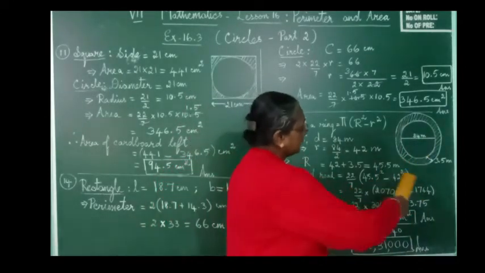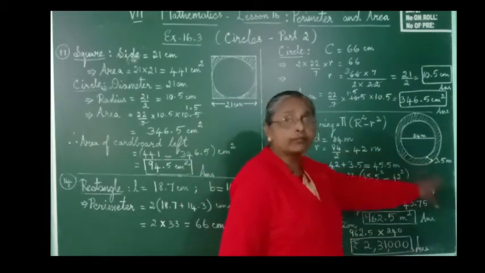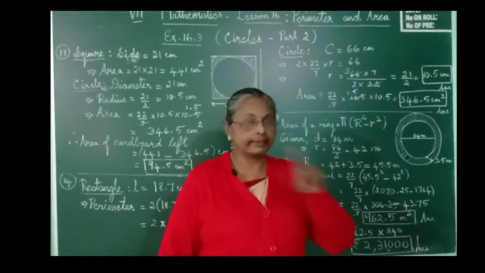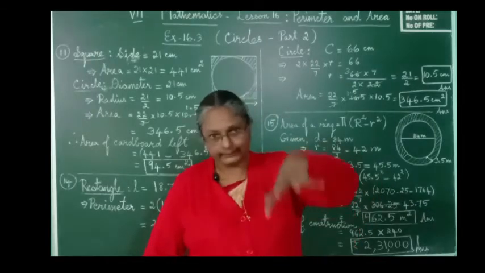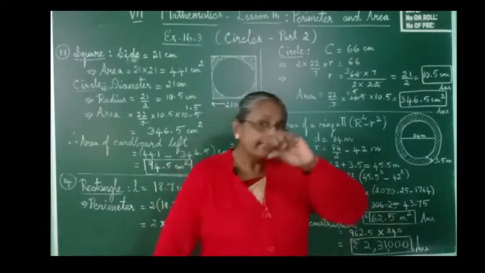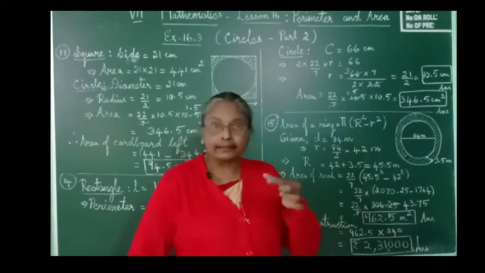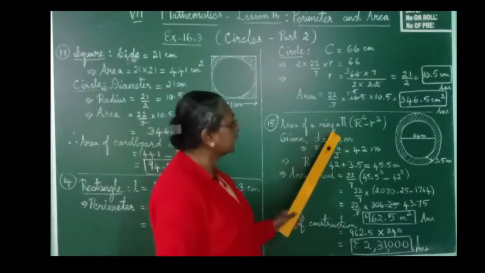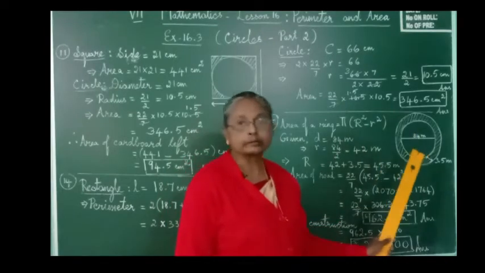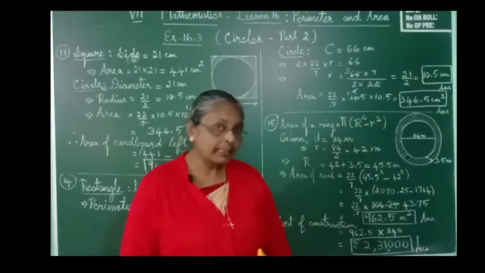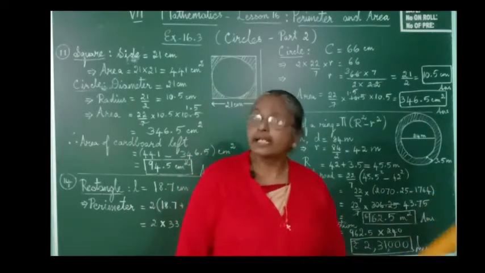Such figures that are made with two concentric circles. These circles are called concentric circles. One circle is within another circle. In such cases, the area between these two circles is called a ring. So area of a ring formula is pi into capital R squared minus small r squared, where capital R is the radius of the outer circle and small r is the radius of the inner circle.